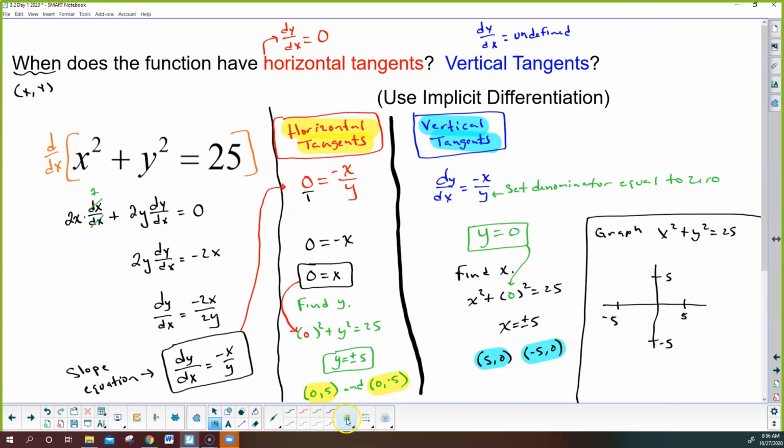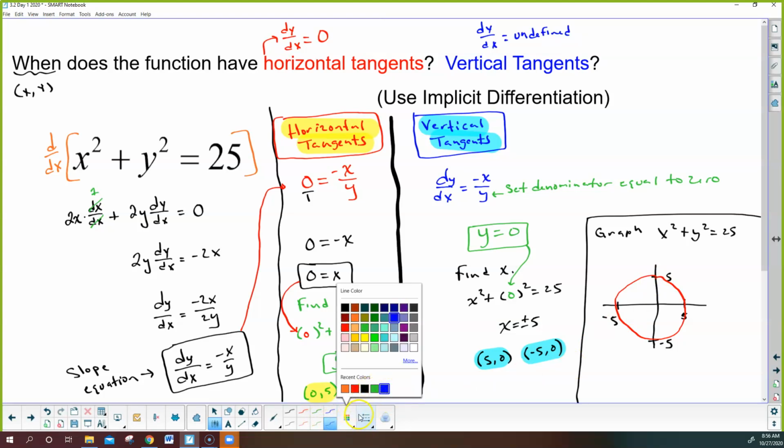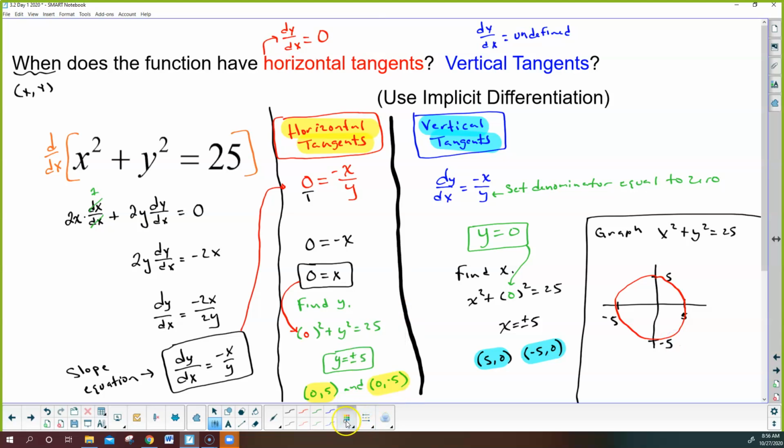We don't do a lot with equations of circles, but they pop up every once in a while. Now here's where you have to use your imagination. Pretend I am drawing a really nice, perfect circle. Not even close. But what did we just find?